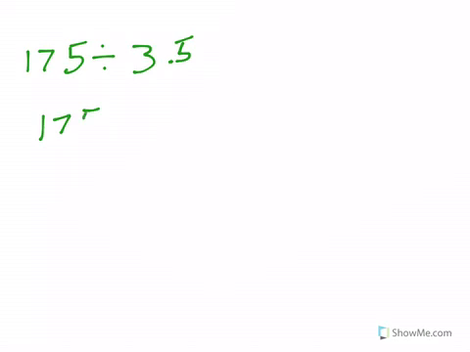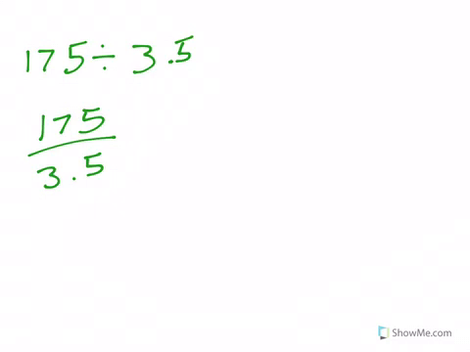Let's look at a pretty simple division of decimals problem that we'll use the mental math again. Let's say we have 175 divided by 3 5/10, or 3.5. I'm looking at that and I'm saying, okay, I can use that in fraction form, okay?